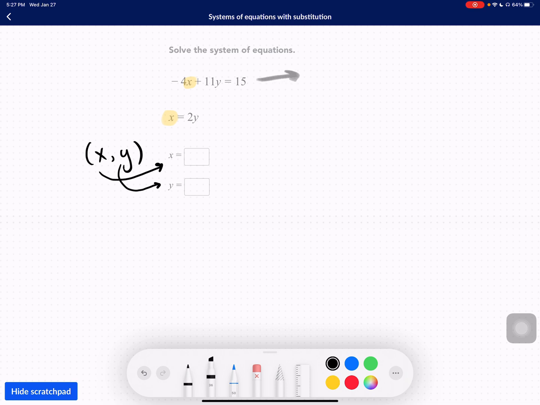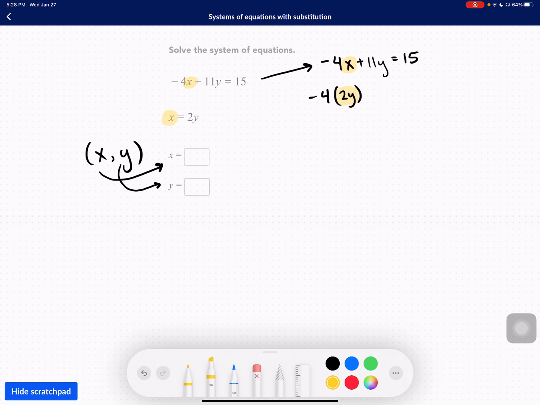So we can rewrite, whoops, I need to go back to pen. We can rewrite this as negative 4x plus 11y equals 15. But instead of the x there, we're going to write 2y, because the x down below is equal to 2y.